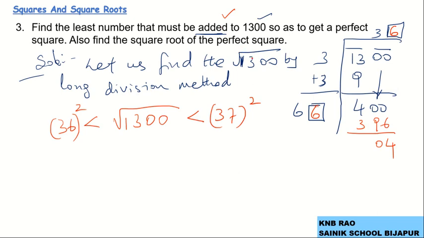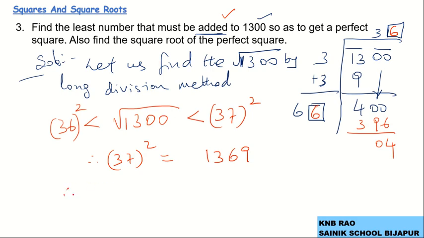So, to find that, we need to find what is the square of 37. Therefore, 37 square, which is 1369, which is more than 1300.